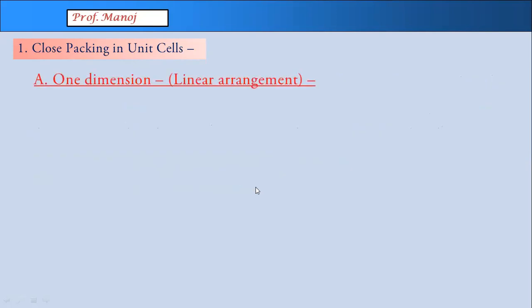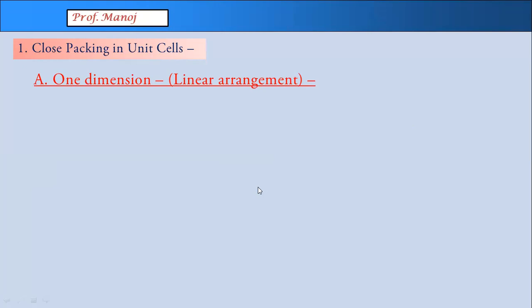So let us now begin with linear, or one dimensional, arrangement. Before we start, one assumption is made in this topic: all the atoms are spherical and of equal size.